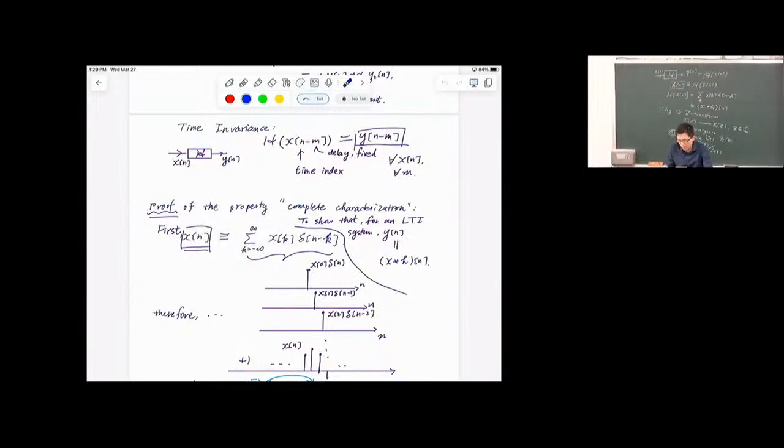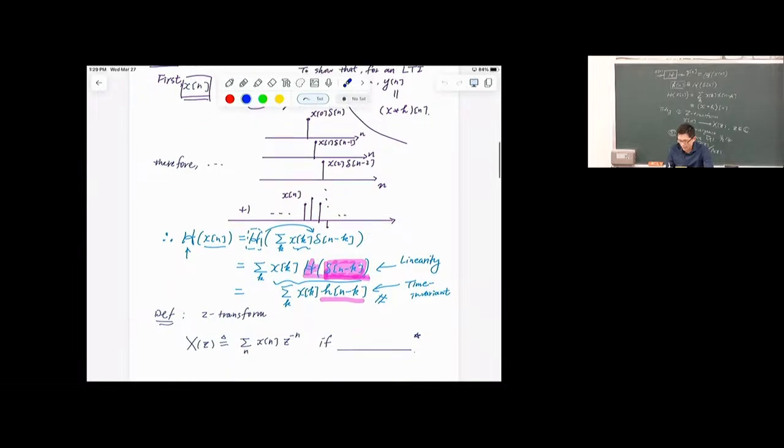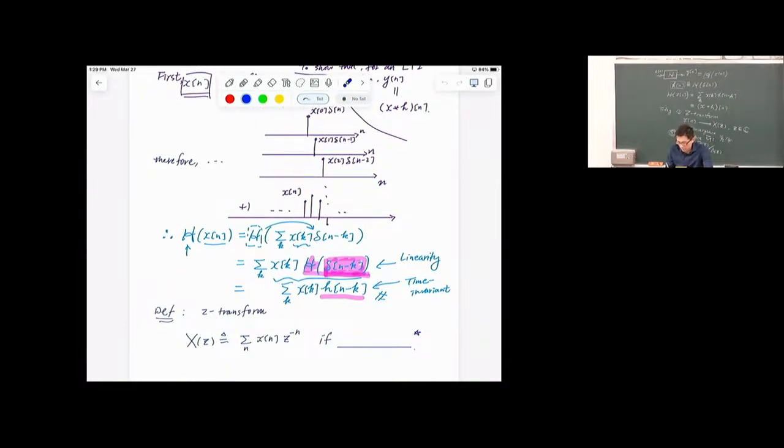And the important property here is that if a system is both linear and time invariant, that is to say, for any LTI system, then the output that the system produces can be written as a convolution. We can prove it actually. By our derivation last time, we showed that the output is calculated by convolving the input with the impulse response, and the impulse response is defined as the output that the system produces when it receives the delta function as its input.